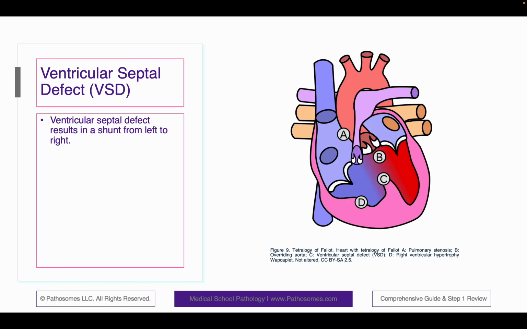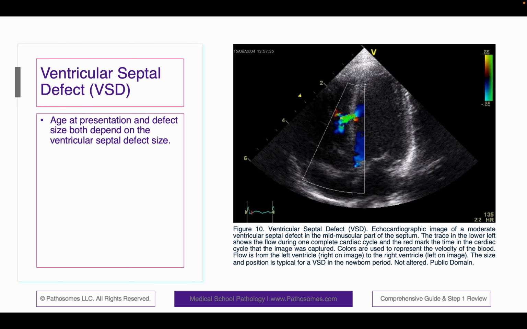Ventricular septal defect results in a shunt from left to right, as you can see here, indicated by this cartoon, as well as other features of Tetralogy of Fallot. Age at presentation and defect size both depend on the ventricular septal defect size. Here we have an echocardiogram of a moderate VSD.